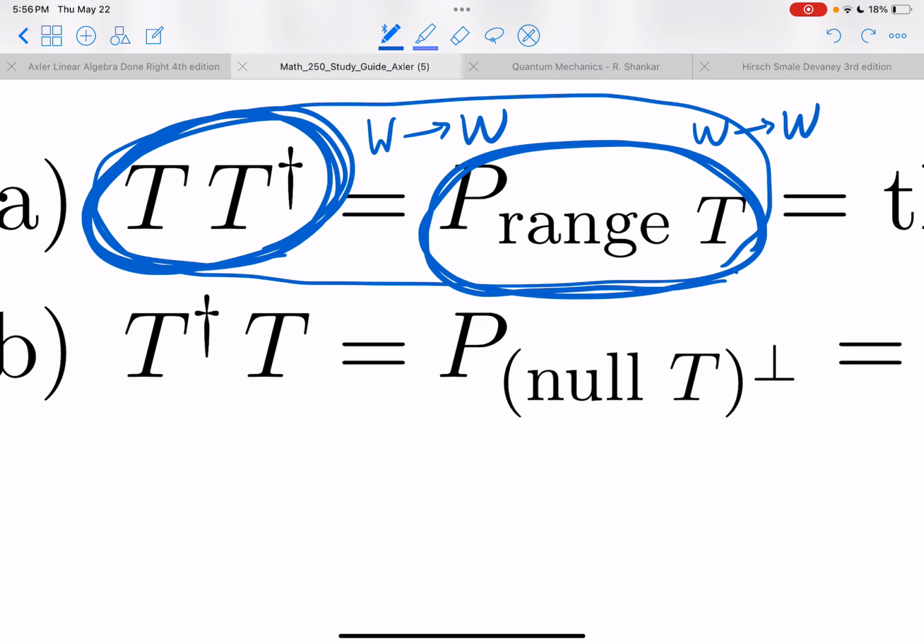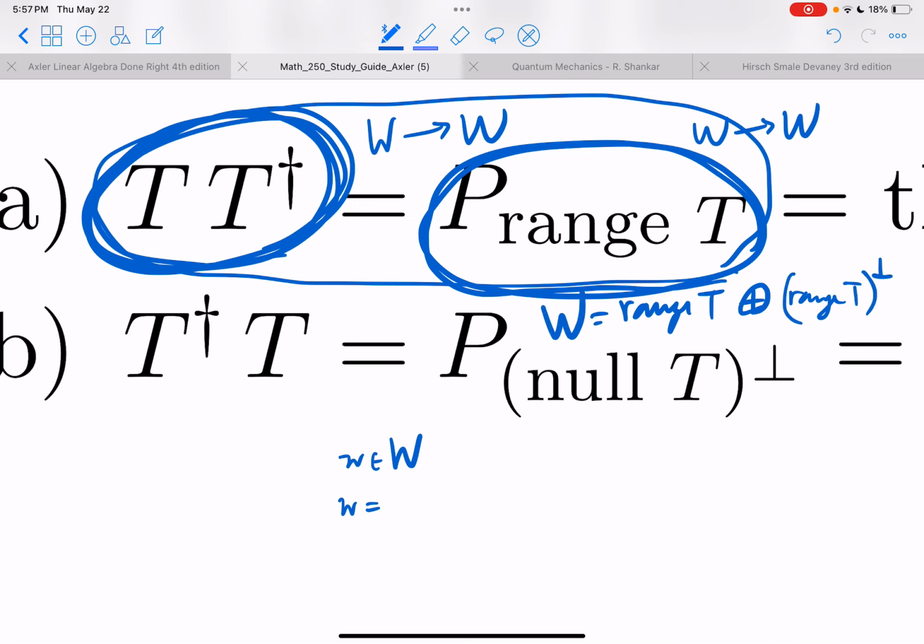Okay, so let's see if these two things do the same. If we take some vector little w in big W, then little w has a decomposition coming from range of t, orthogonal direct sum, range of t perp.